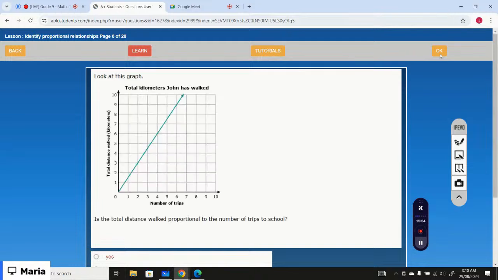Okay, look at this graph. Is the total distance walked proportional to the number of trips to school? So, which is the correct option?